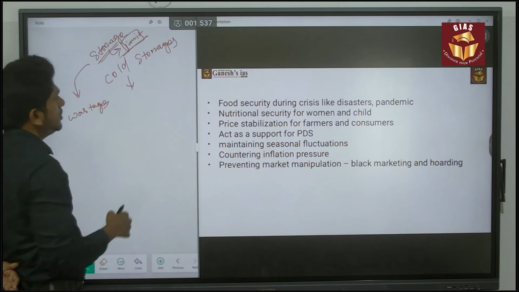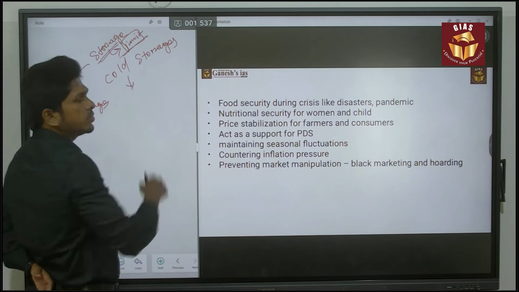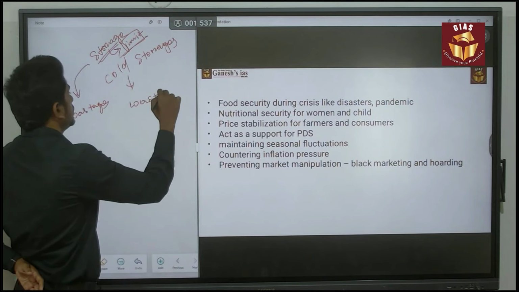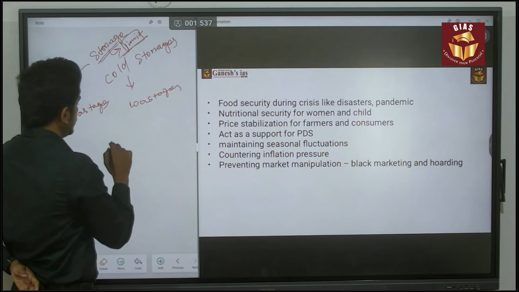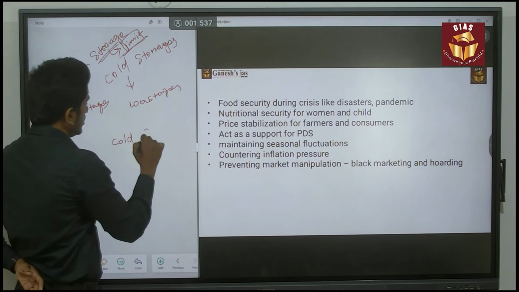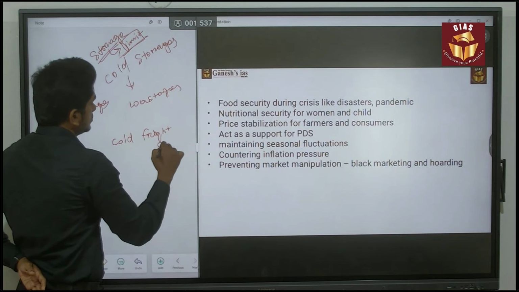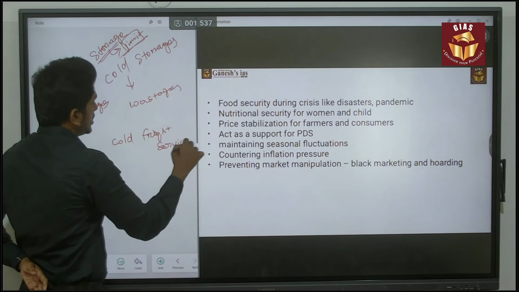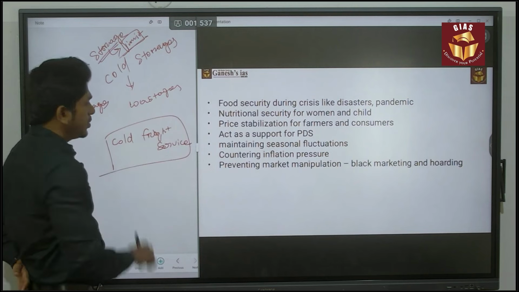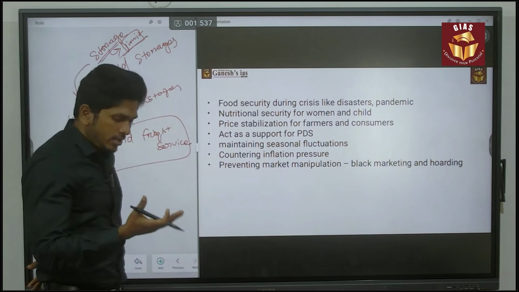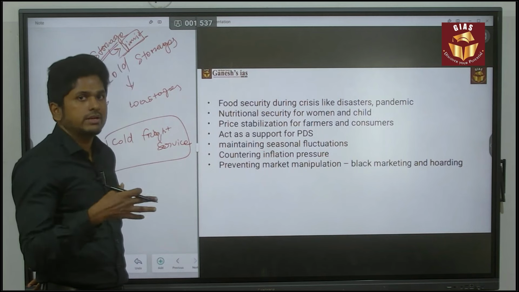Next is the limited availability of cold storage, which is also an issue leading to wastages. And also cold freight corridors, cold freight services. To transport these food products, they have to be transported either through lorries or through trains.